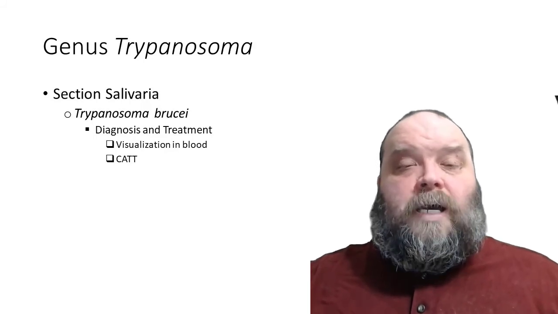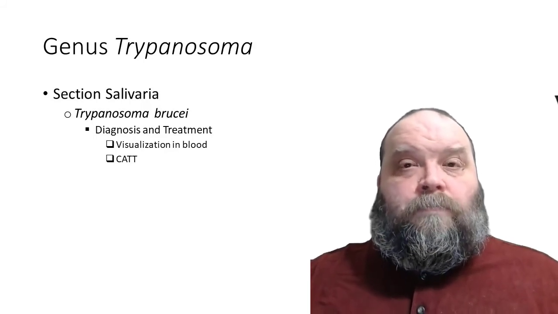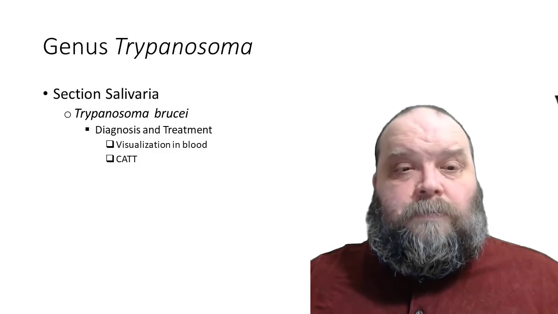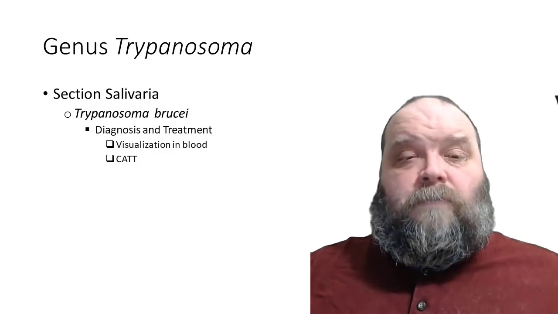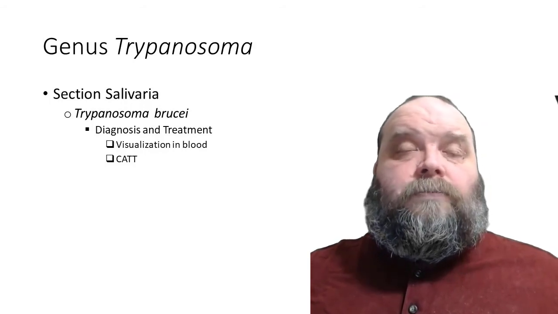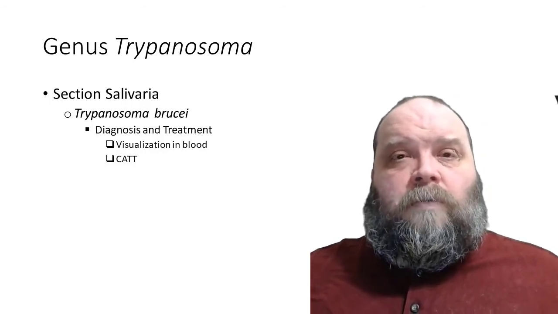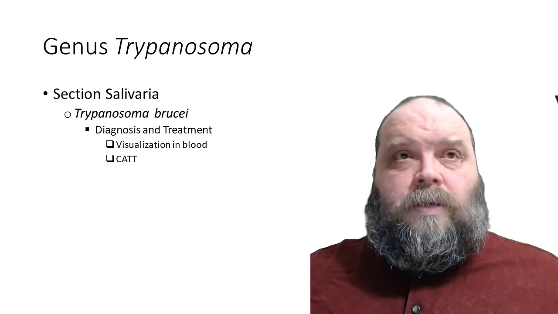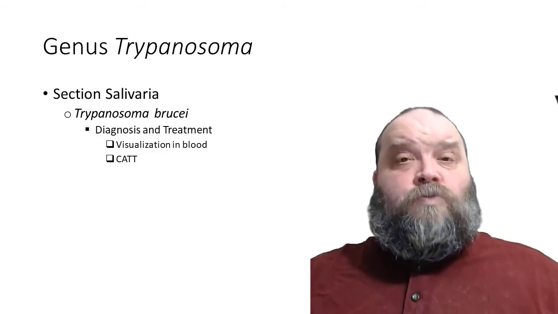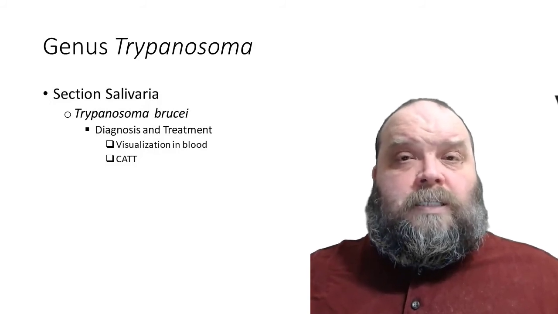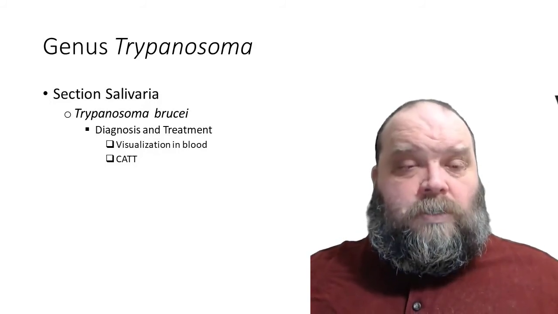When it comes to diagnosis and treatment of brucei and its different subspecies, one of the big ones is a blood smear. Look for the visualization of the parasite in the blood. There are other tests because the visualization just tells you a trypanosome. It does not tell you exactly which species.